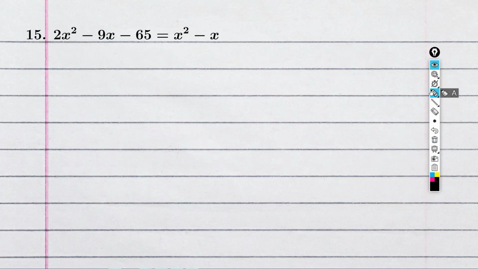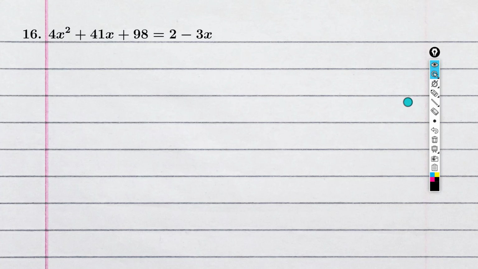Let's look at number 16. Again, it's a trinomial, and we got to figure out how to get everything to one side. So that means that I need to take and subtract my 2 and add my 3x.